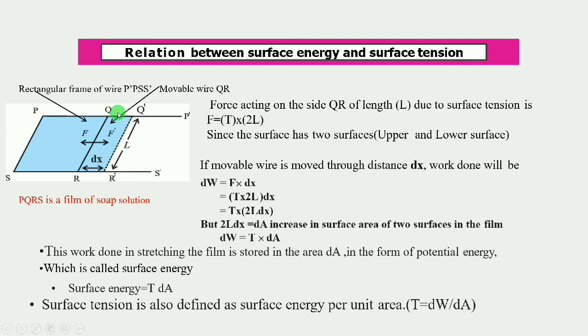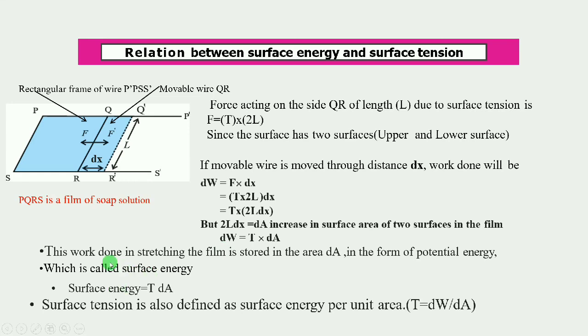We observe it from the lower and upper side, so we multiply by 2. So 2L dx is nothing but dA, the increase in surface area of the two surfaces in the film. So dW you can write as T into dA.